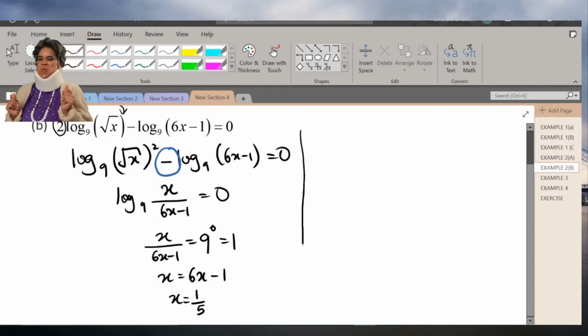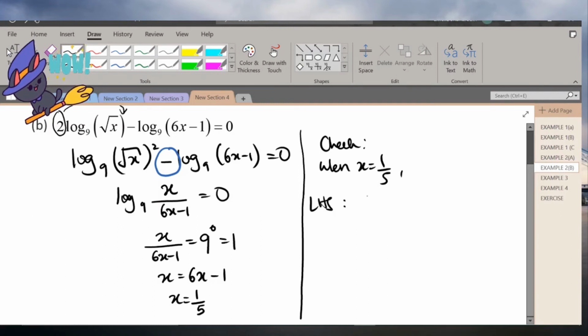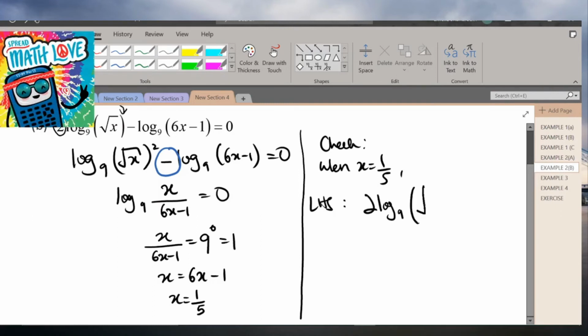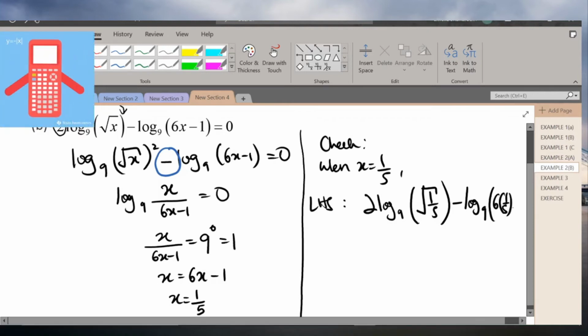Again, don't forget to check your answers. So check when x is equals to 1 over 5, the left hand side will be 2 log base 9 of the square root of 1 over 5, minus log base 9 of (6 times 1 over 5, minus 1).